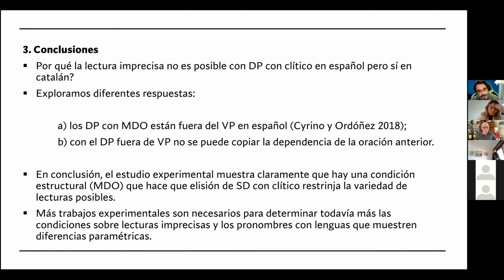Y lo que parece ser es que cuando el DP está fuera del sintagma verbal, no se puede copiar la dependencia de la oración en el caso del doblado con el clítico.